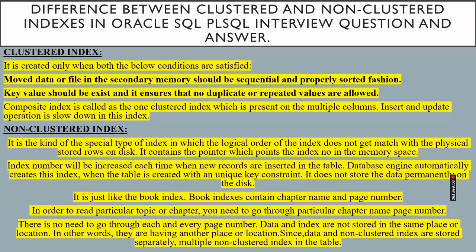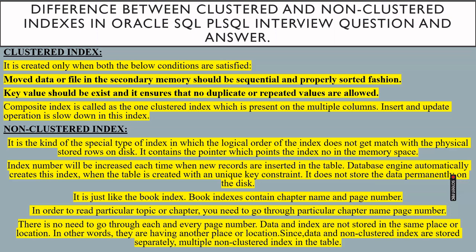A composite index is a clustered index present on multiple columns. Insert and update operations are slow in a clustered index. A non-clustered index is a special type of index in which the logical order of the index does not match the physical storage on disk.